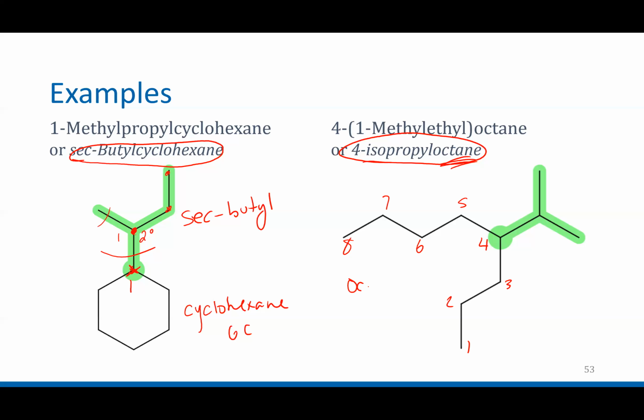Okay, so this is octane for sure. On the 4th carbon, now remember, we do not count this carbon for my group here. Notice that this group is a propane or propyl substituent. I only have 1, 2, 3 carbons. And for propane or propyl groups, there's only 2 isomers.